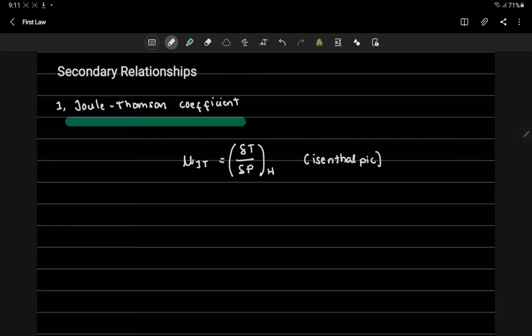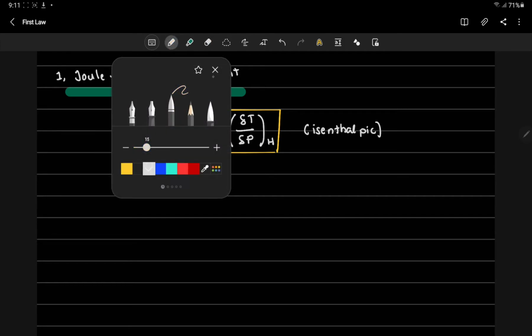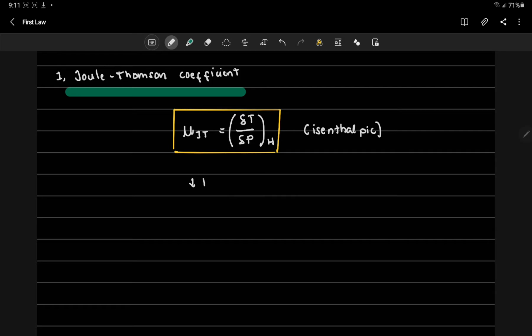Okay? Now, ano ang application nitong Joule-Thomson coefficient na ito? So if you notice, kung positive lagi yung value ni Joule-Thomson coefficient, if you decrease the pressure, ano mangyayari? It should be accompanied by a decrease in temperature as well at constant enthalpy, kasi you have to maintain the constancy noong coefficient. Ano bang ibig sabihin kapag bumababa yung pressure?